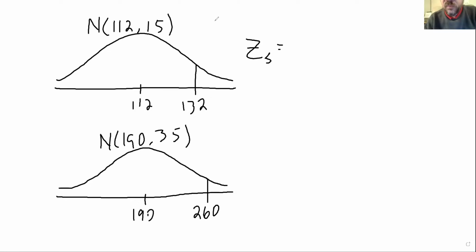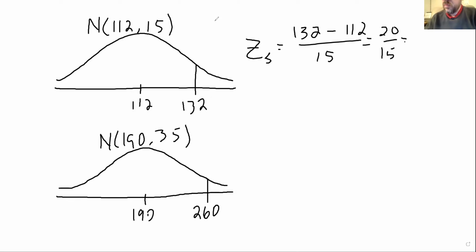So that's 132 minus the mean, which is 112, divided by 15 tons, which is the standard deviation. So that we are measuring in standard deviations. That's 20 over 15, which is 1.33. 1.3 repeating, right? 1 1/3. So Sophie is 1 1/3 standard deviations above the mean.